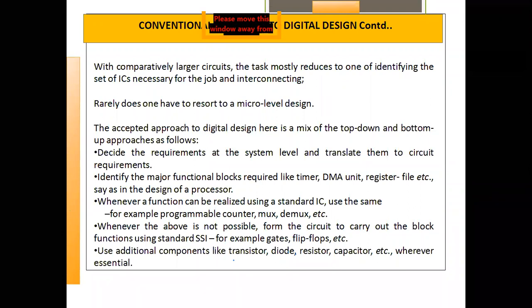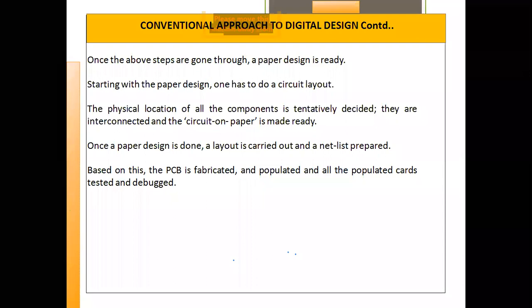After that, we go for block functions, such as gates and flip-flops, and then we can also use discrete components such as transistors, diodes, resistors, and capacitors, wherever necessary. We have to identify those components.